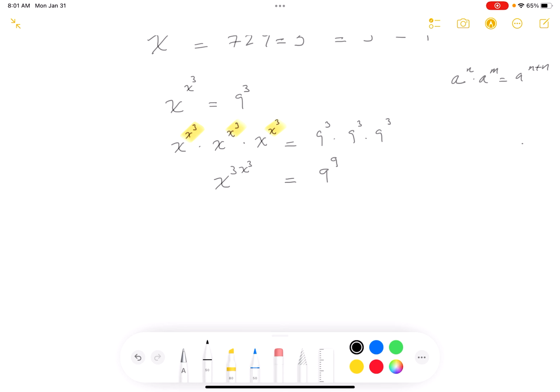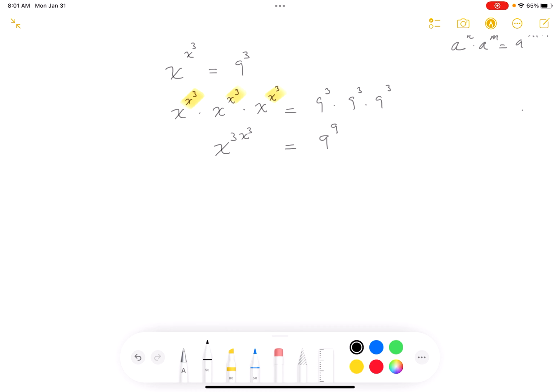Let's keep going. What do I notice over here? This is really x. I'm going to use another rule of exponents, a to the m, raised to the n, equals a to the n times m. But I'm going to go in this direction now. What's that going to be? x cubed raised to the x cubed.